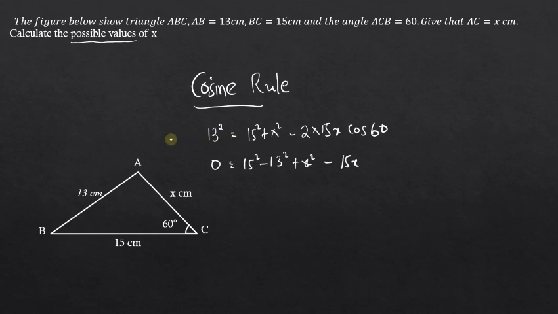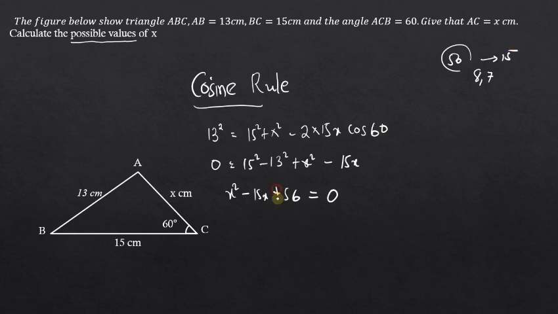That should give us 56. So we have x squared minus 15x plus 56 equal to 0. To solve this, you just need to find two factors of 56 that when you add, you get 15. That's 8 and 7, right? Or you can use your calculator to solve it.